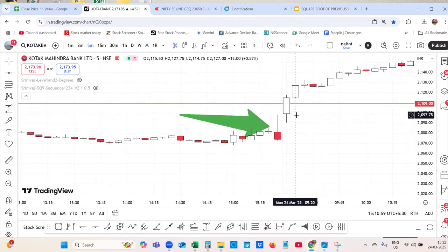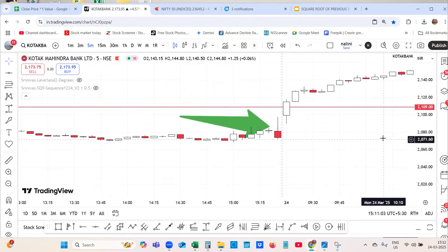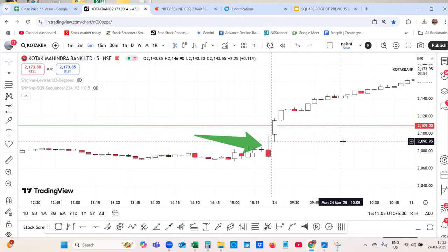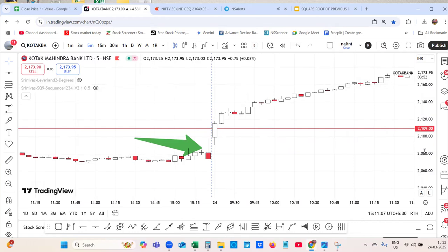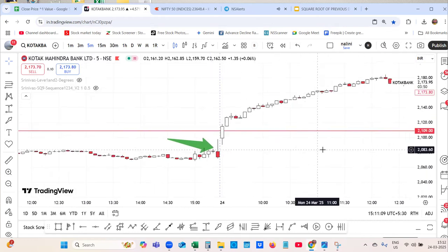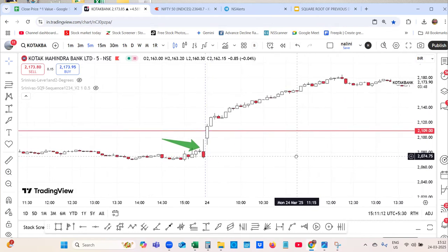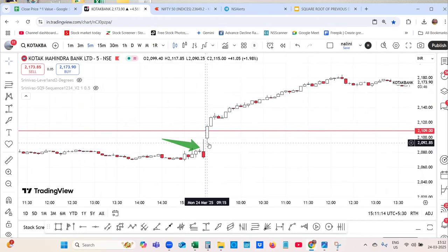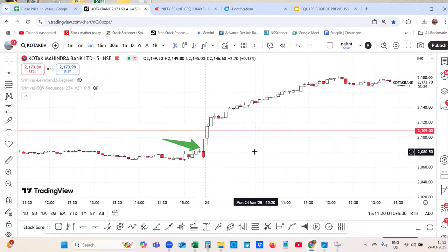You are getting this stock. It is a multi-bagger stock you will get. Plenty of opportunity. This is a very, very profitable strategy. So this 5-minute candle has closed above this line, right?